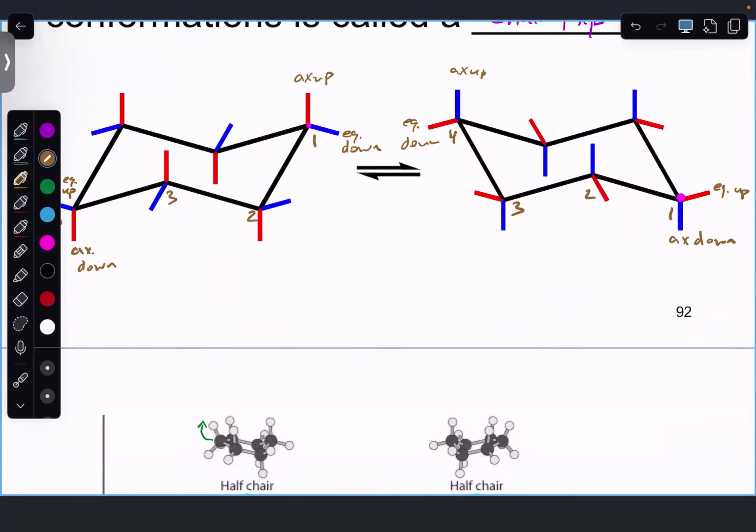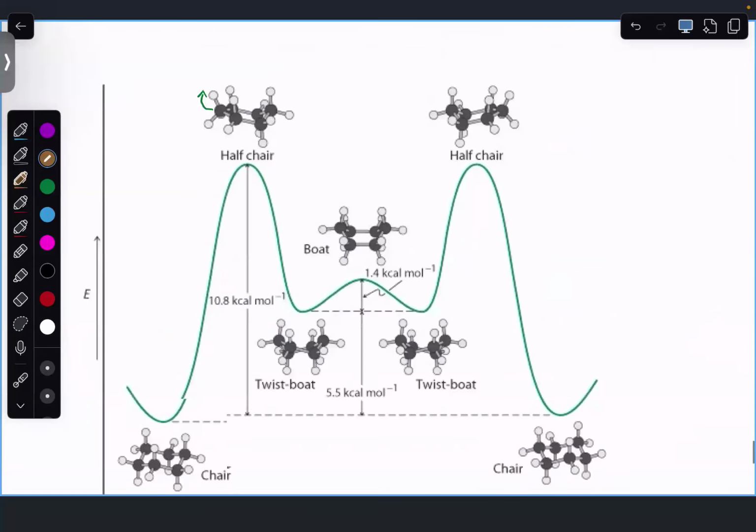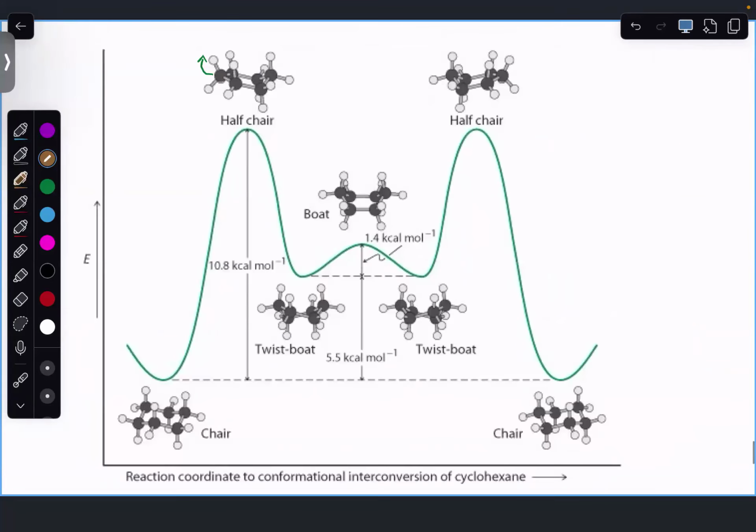All right, so I want to show you how this happens energetically. What you can see here is at either side of the energy diagram, you have the chair forms. Got a chair form here, and you've got the other inverted chair form here.